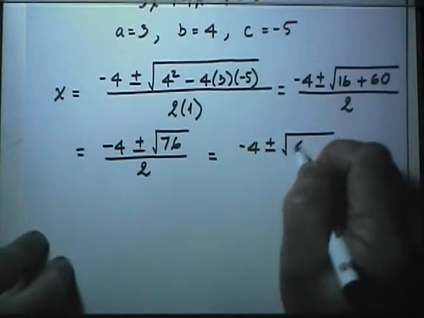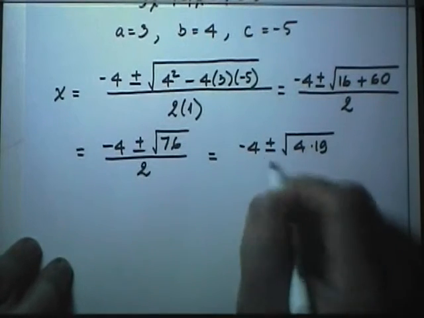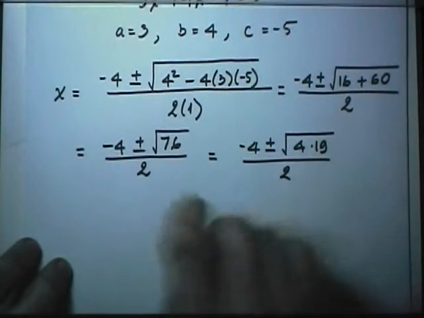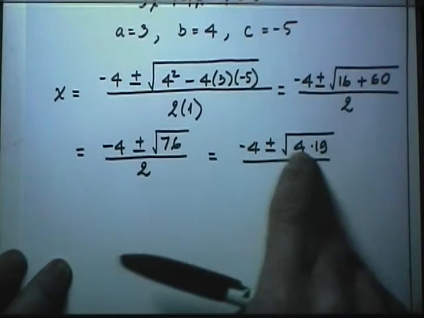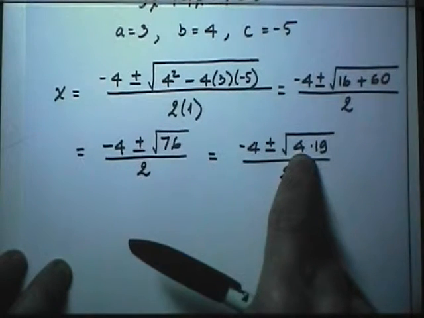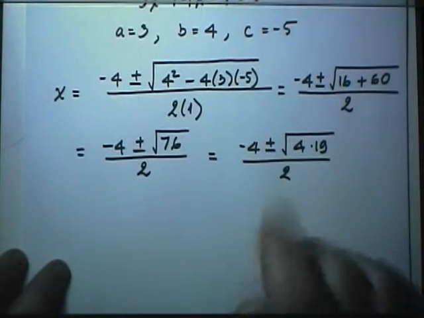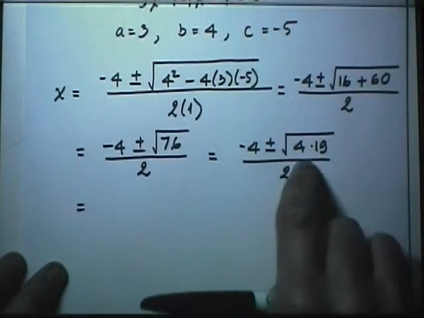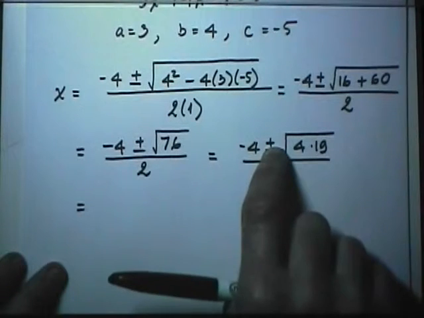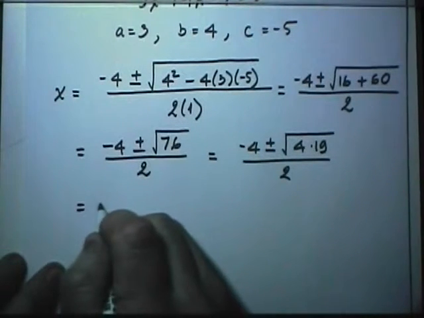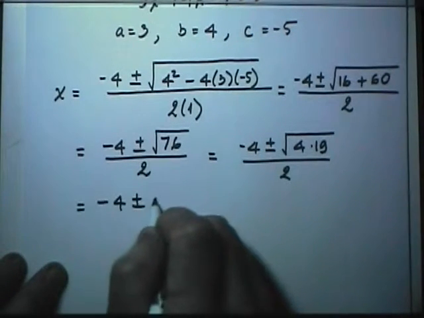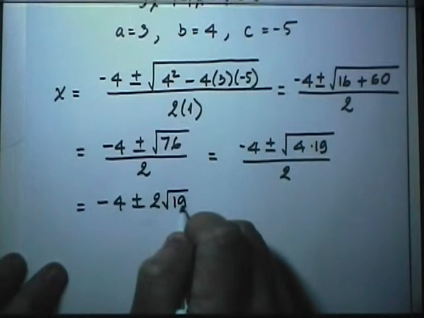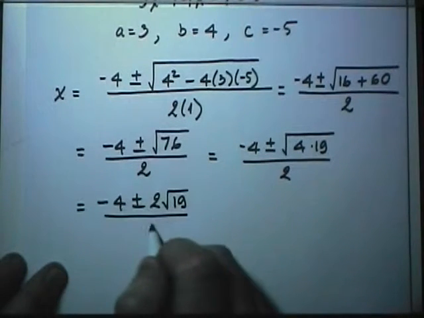So yes, it's 4 times 19, and divided by 2. Once again, 76 contains 4 as the highest perfect square factor, and so I can take that 4 out of the square root and turn that into a 2 square root 19, all over 2.